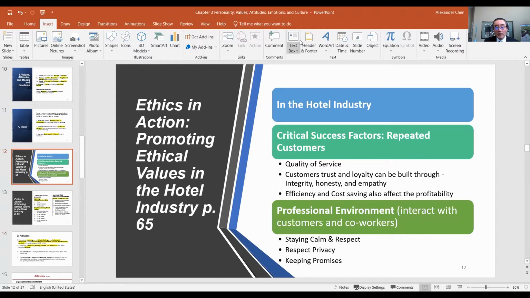And we were talking about a case in the hotel industry. Page 65, if you have the textbook. We talk about hotels. So what's the most important thing in a hotel? Repeated customers. How to get people to come back repeatedly? Quality of service.